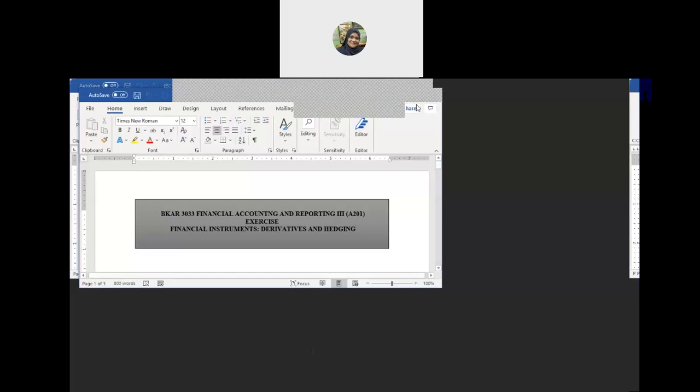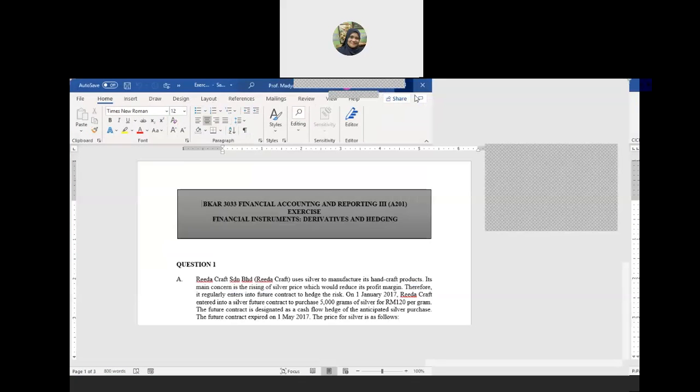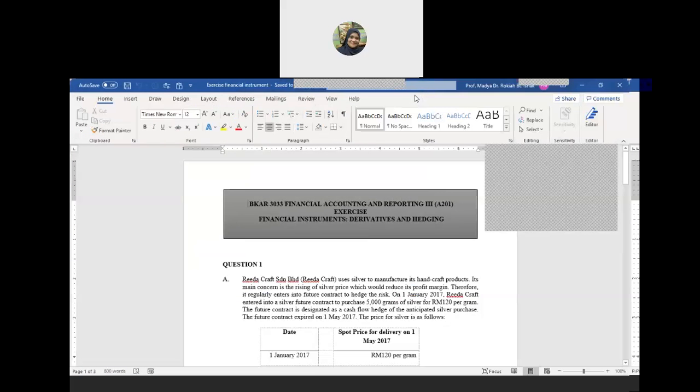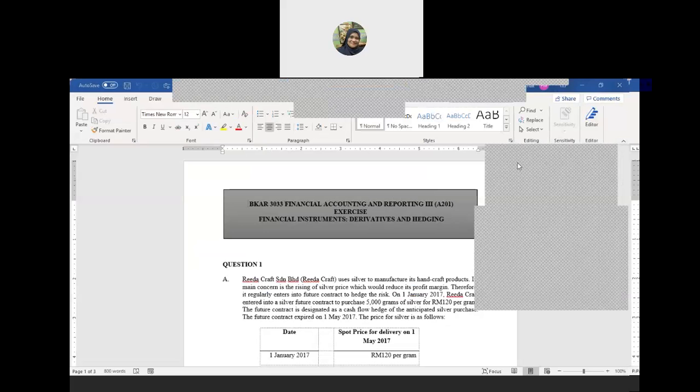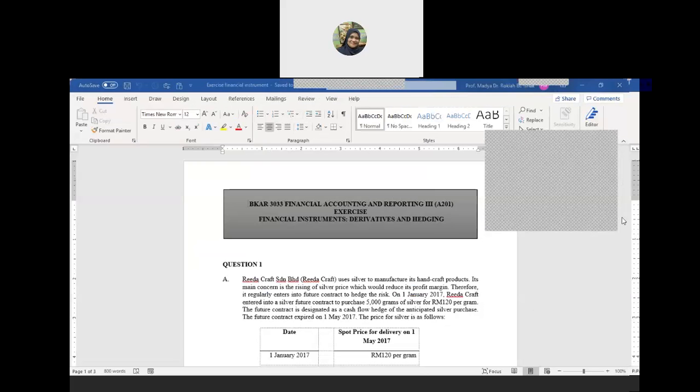The exercise on the financial instruments. Yes, this one. You have the exercise with you now. Okay, the one that you have.